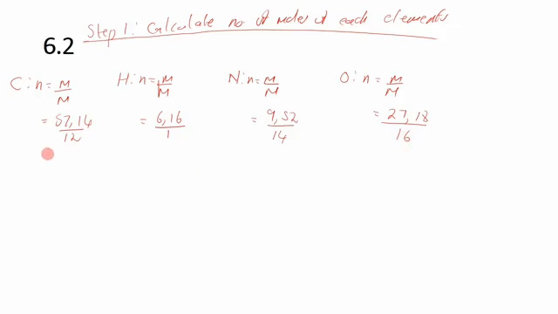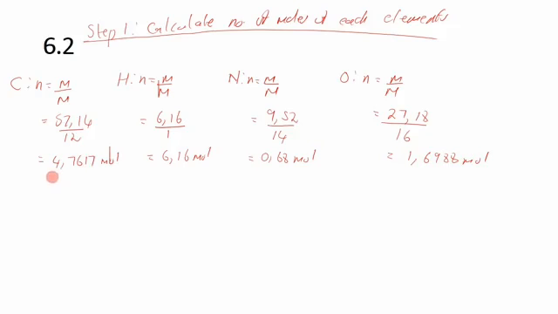So let's have our answers here. We have 4.7617 mole, and then this one is 6.16 mole, and then this one is 0.68 mole, and then oxygen is 1.6988 mole if we round it off to 4 decimal places.